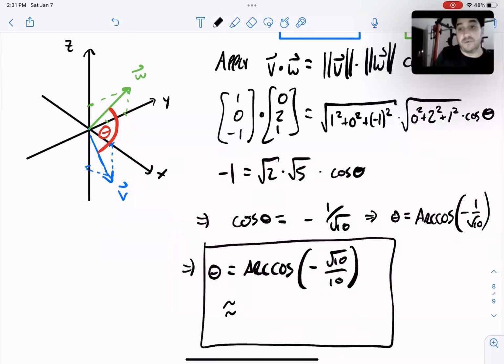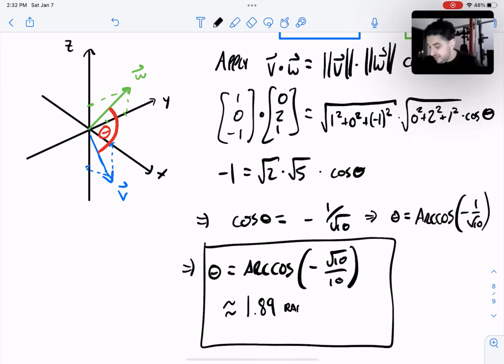Be aware, most of the time you'll get an answer in radians as the default. Just make sure you're aware of that. So there we go, arc cosine of this as a radian measure. I'm getting roughly 1.89 radians.